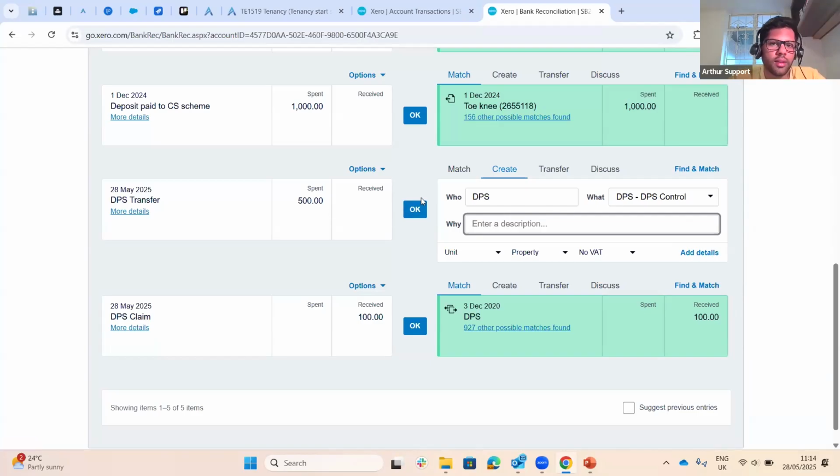So that would be the additional step you would carry out if you are using Arthur and Zero, because once you receive the £500 from the tenant, that money is sent over to the custodial scheme, and this is how you would always reconcile that sort of transfer to the custodial scheme.